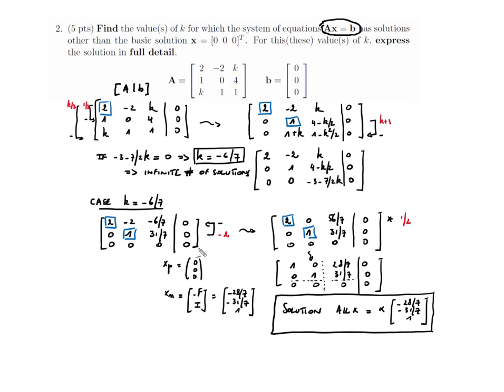So what you do is create zeros below the pivots, and once you have done this, you can start discussing based on the value of the parameter, in this case k, and distinguish between the cases where you have a single solution, no solution, and an infinite number of solutions. In this case, it will be impossible to have a case with no solution, since b here is a zero vector.